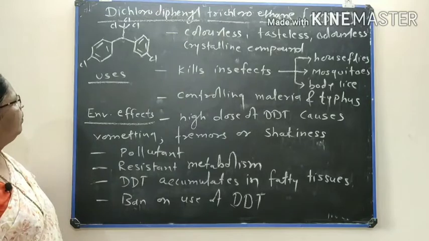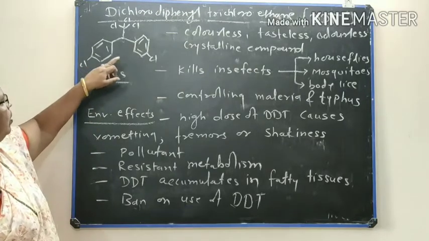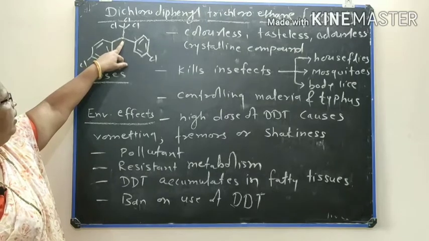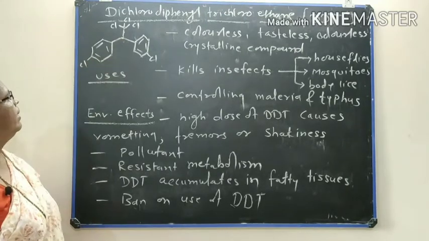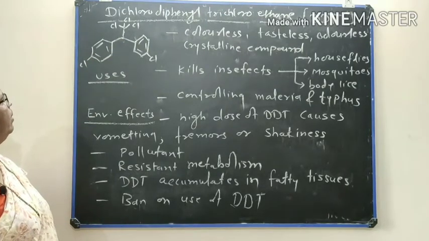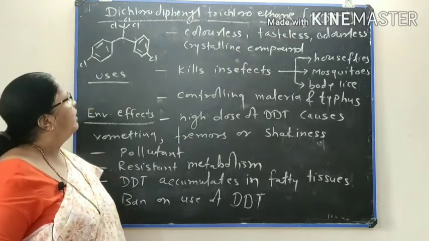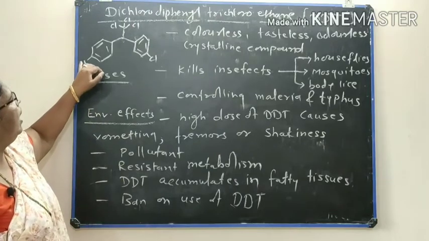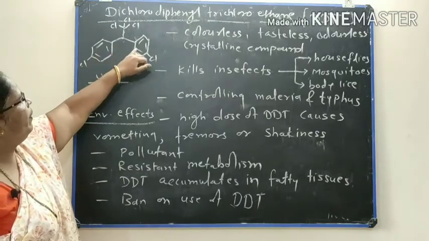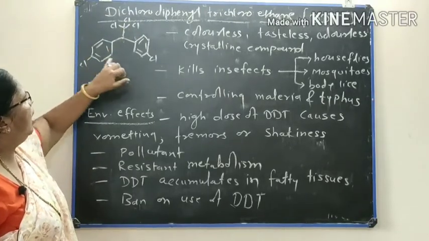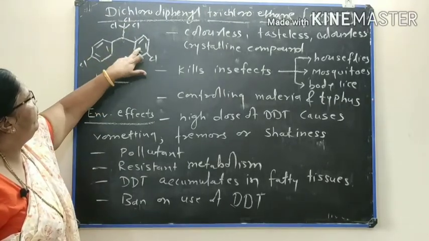The structural formula is like this: two chlorobenzene rings are attached to a carbon carrying one hydrogen, and the next carbon carries single bonds to three chlorine atoms. That is called dichloro-diphenyl-trichloroethane.